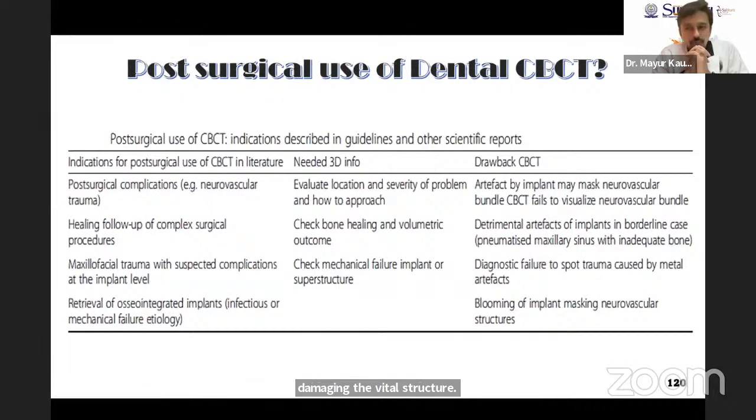Last point which I want to emphasize is that many of us feel that CBCT is only a pre-diagnostic tool, pre-surgical tool, not at all.